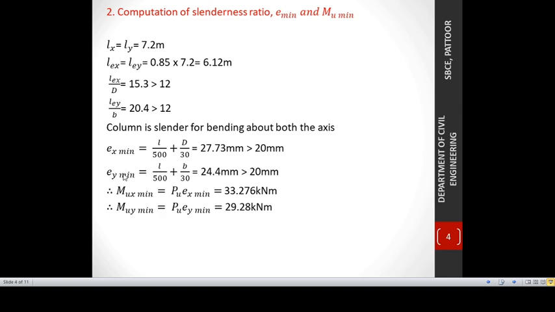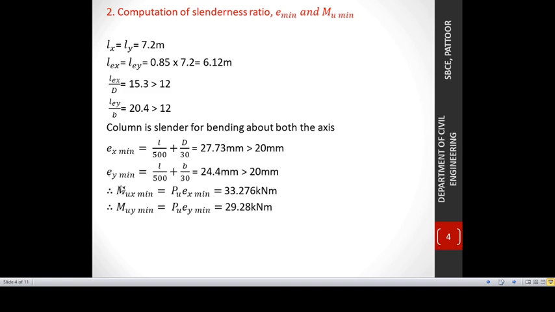So Ey minimum is obtained as 24.4 mm, which is also greater than 20 mm. If either Ex minimum or Ey minimum is obtained as less than 20, we need to consider at least 20 mm.